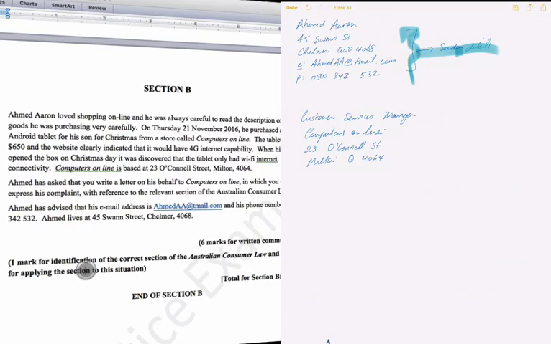Yep. So I would put that in as part of my formalities. So that's my sender, and that's my addressee details.